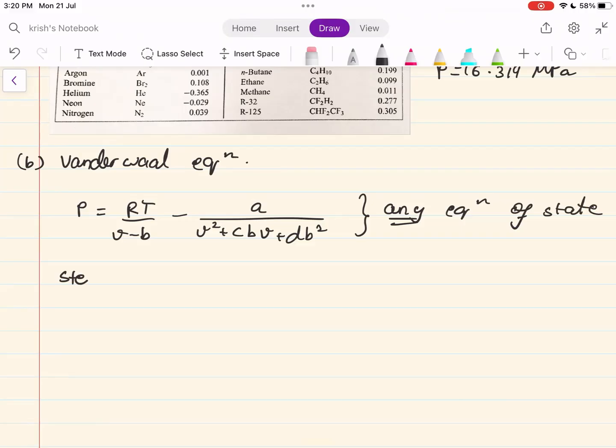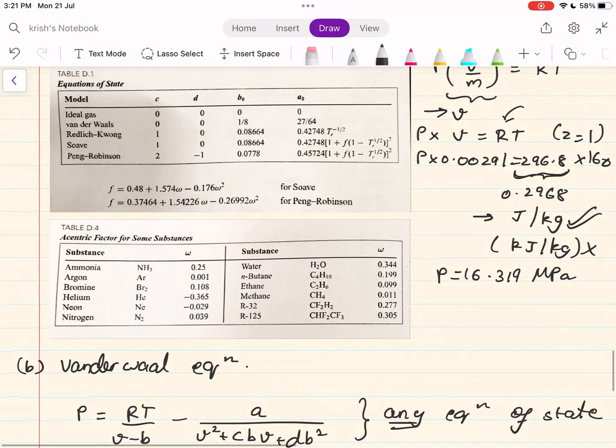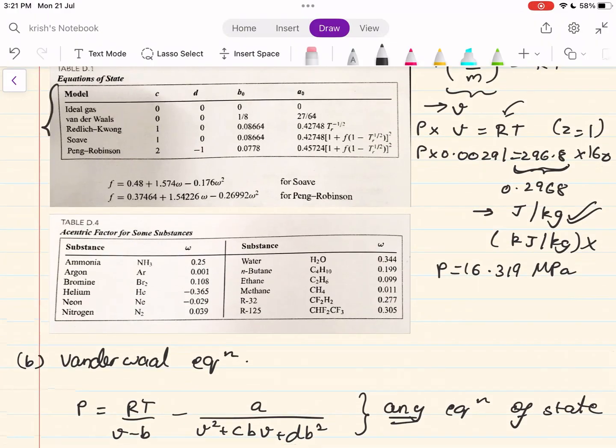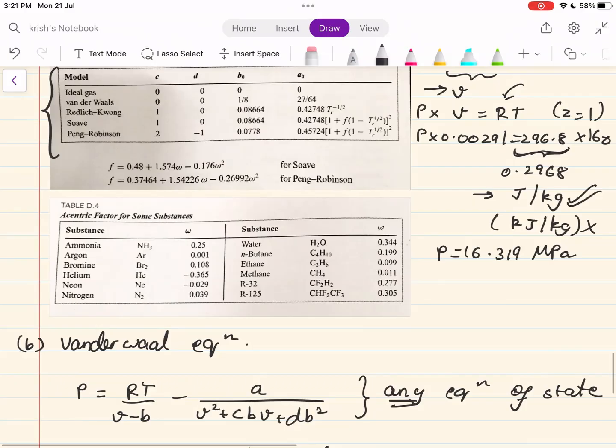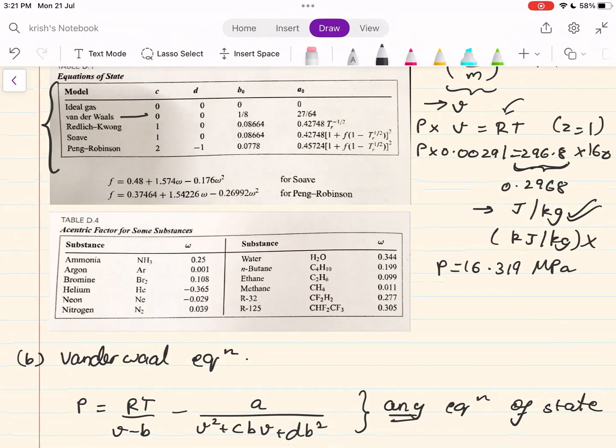Right? This is for any equation of state. So our step 1 was to identify what equation of state we are using. What model are you using, right? We are using the van der Waal model here, because we have to use the van der Waal equation of state.